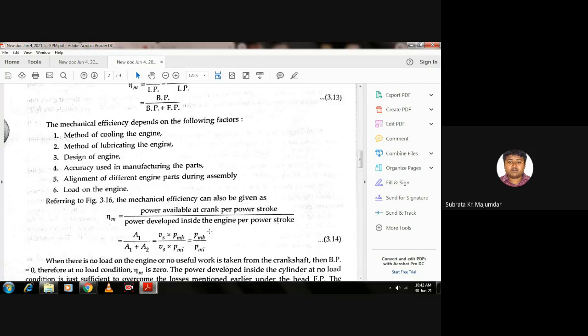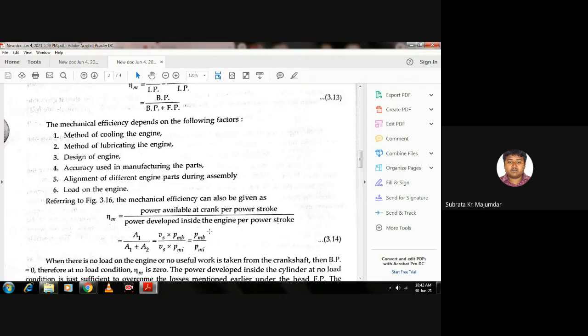And finally, load on the engine. If we run the engine within the safe load, then the engine gives a higher mechanical efficiency. If we run the engine at overload, obviously the mechanical efficiency is reduced.